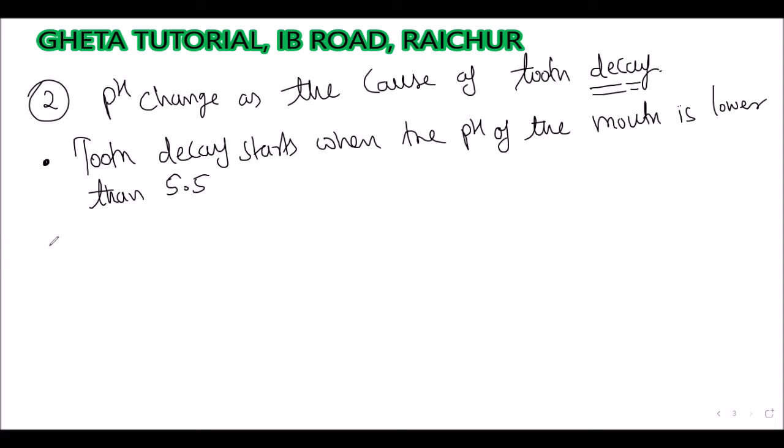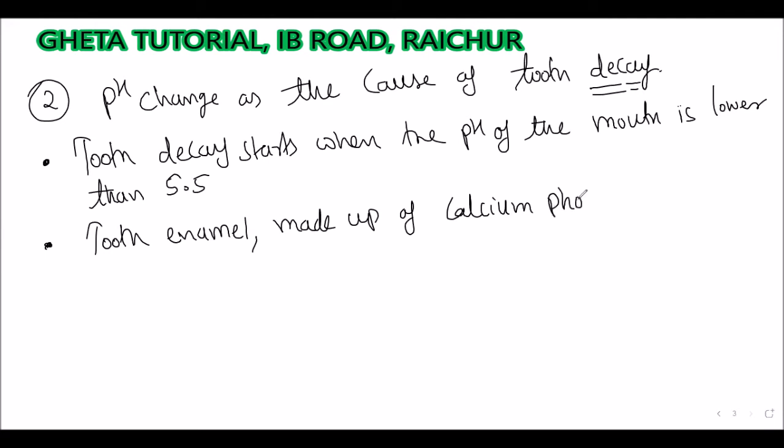So you know that tooth enamel is made up of what? Calcium phosphate, and this is one of the hardest substances in our body.